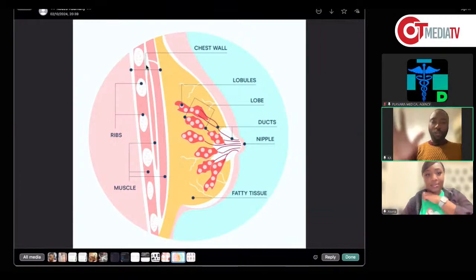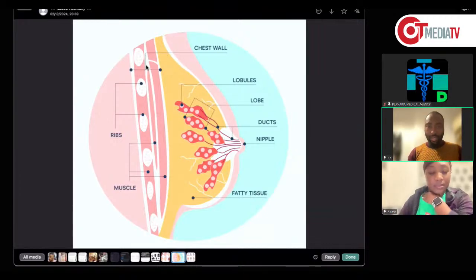The whole yellowish part and the pink part is the breast. When you move to the lobules, that is where I said they are small glands that produce milk during breastfeeding. So those things that you see there, the men, I'm sure you don't know, and I'm sure some of the women too don't know, but that is where the milk is produced.